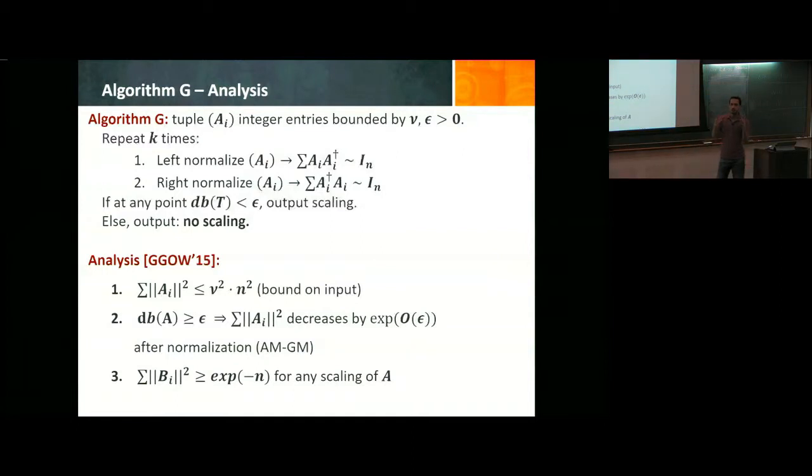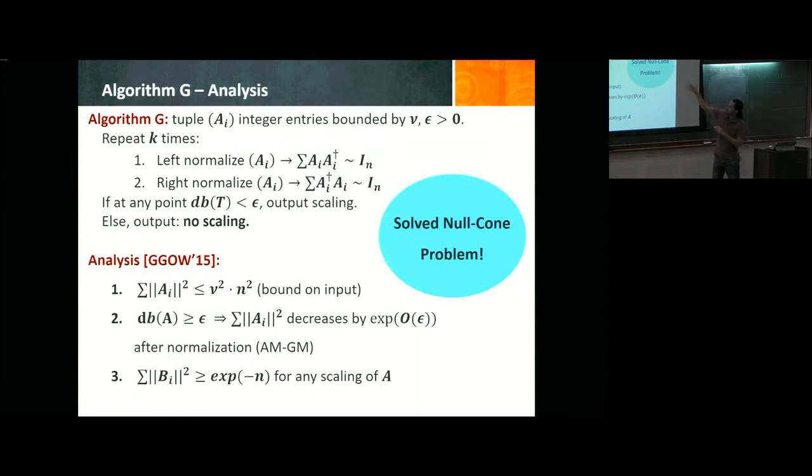So there is something about being doubly balanced that allows you to make progress on the null cone problem. If you're far from doubly balanced, you can keep decreasing your norm all the time. So this also solves the null cone problem for the operator scaling problem, because we showed that you're doubly balanced if and only if you're not in the null cone. So we solved the null cone problem here.